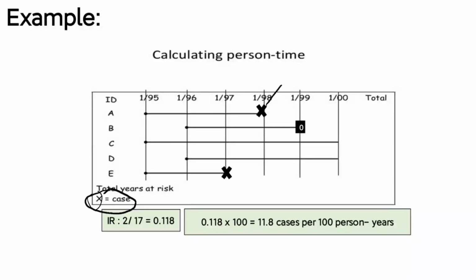Lagi lang may numerator over denominator multiplied by your factor. So, again, dahil hindi naman nabanggit kung ano yung factor dito, we are going to utilize 100. And, ang magiging sentence mo naman here, no, is 11.8 cases per 100 person years. No? Incidence rate, laging may person years.